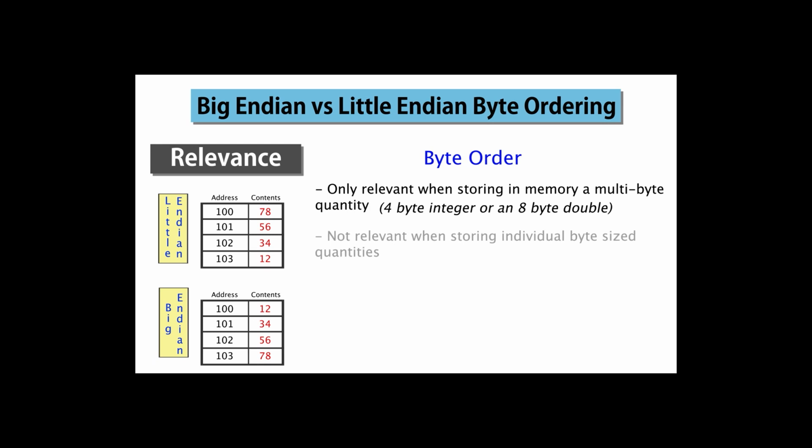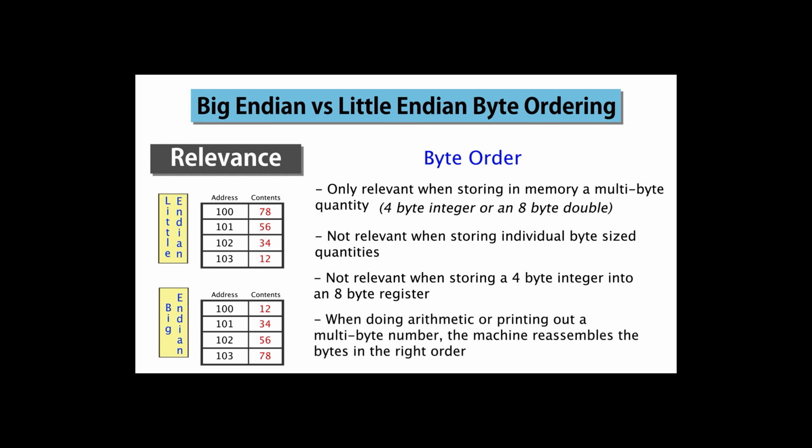Byte order is not relevant when storing individual byte-sized quantities, as in C string data. A string in C is a list of individual ASCII characters, each of which is 1 byte long. Byte order also is not relevant when storing, say, a 4-byte integer into an 8-byte register. The register is big enough to hold a quantity without reordering the bytes.